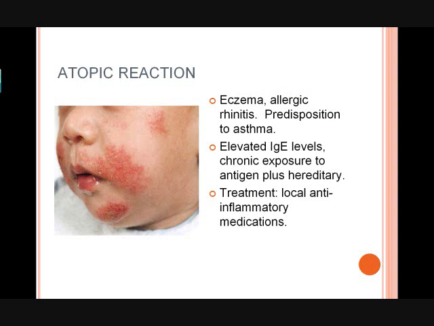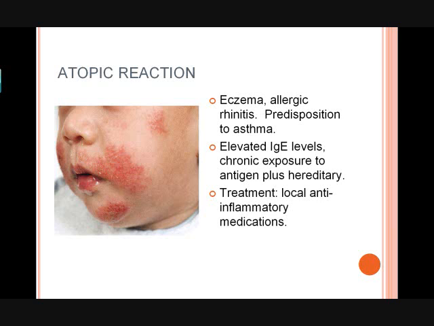Atopic reactions could be eczema, allergic rhinitis, and that allergic rhinitis is just a runny nose with clear fluid, so it's not infectious whatsoever. Allergic rhinitis and eczema are a predisposition for asthma. So people who have eczema will most likely develop asthma in the future or already have it.